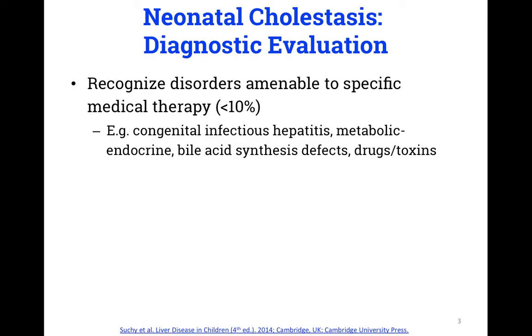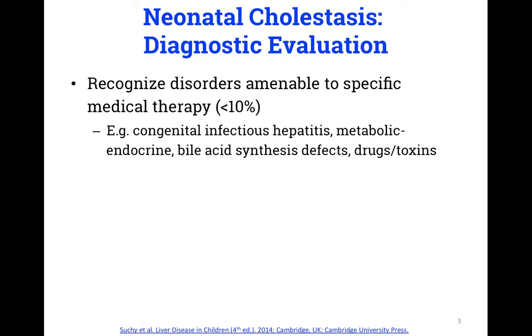So going on a galactose-free diet can be curative and would be important to diagnose early before the development of progressive liver disease, as well as other things such as E. coli sepsis, cataracts, etc. Another example of this would be hereditary tyrosinemia and hypothyroidism and hypopituitarism, the latter of which respond to specific hormonal replacement.